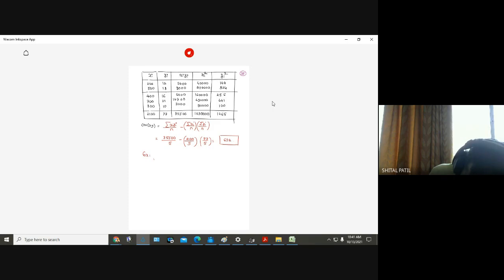Sigma x: summation of x square divided by n.